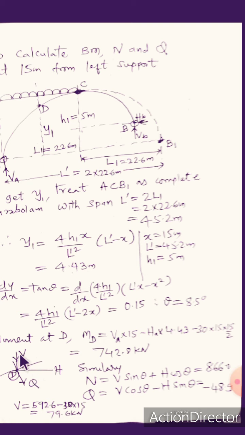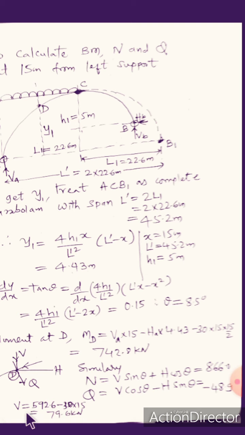How do you find V? So total downward force must be equal to total upward force. Carefully observe here. Total downward force is V plus UDL must be equal to VA. That is why V is equal to VA minus UDL. So it is 79.6. So now you know how to find the value of V. This V calculation is very important. Carefully understand this one.